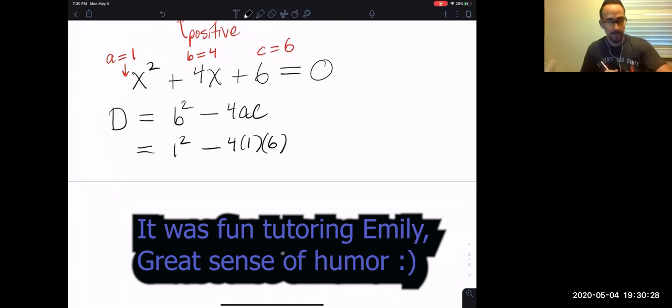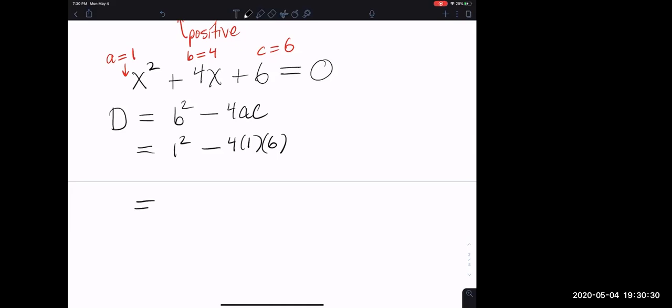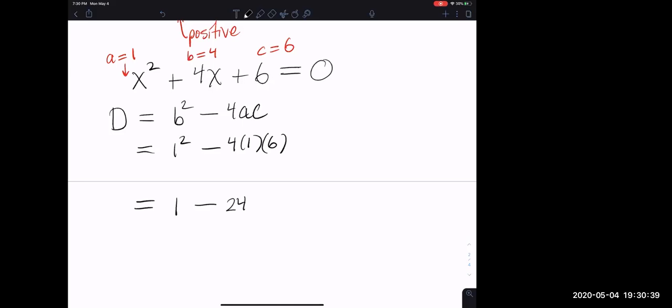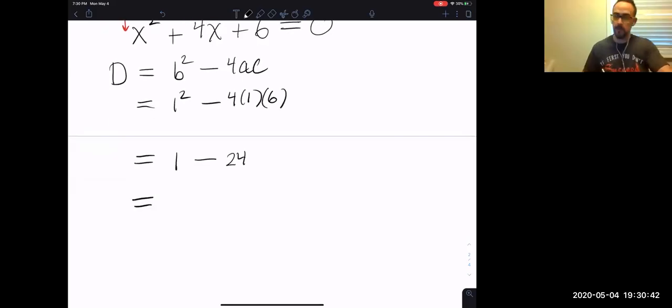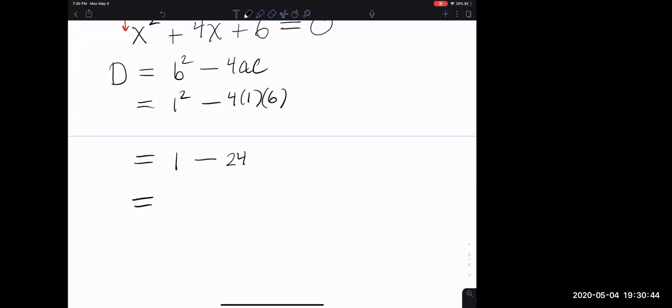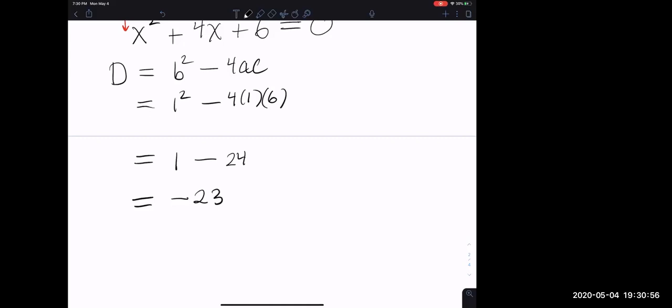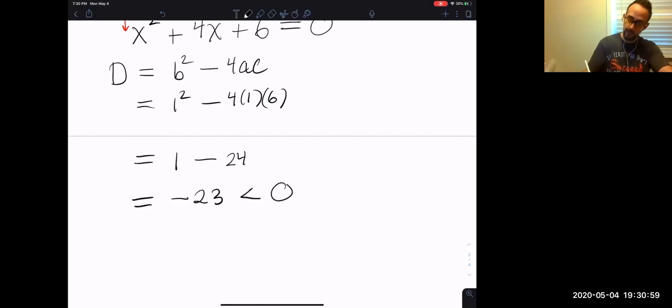¿Y qué más? 1 por 2 sería 2. 1 menos 24, ¿no? 24. Sí, y ¿qué es la respuesta? La respuesta sería 23. ¿Negativo? Negativo, ¿no? Sí, es negativo y es menos de 0.